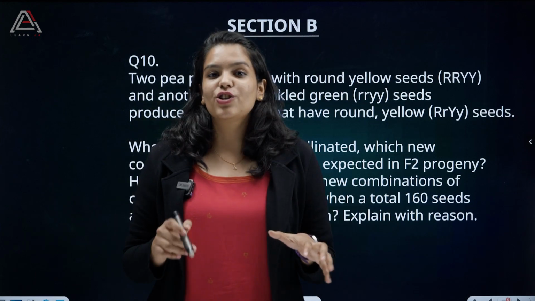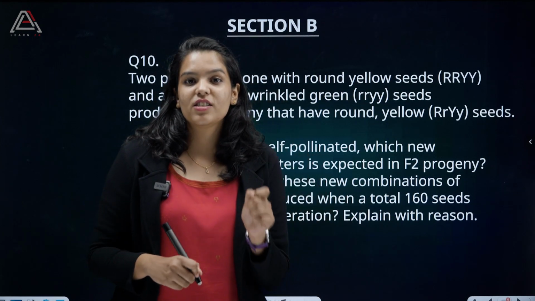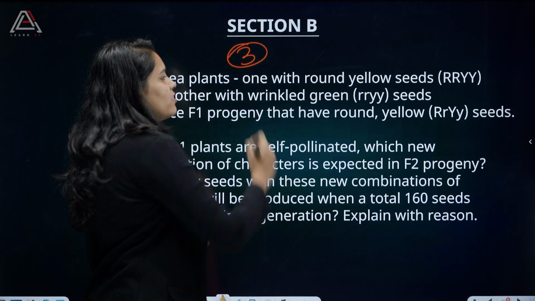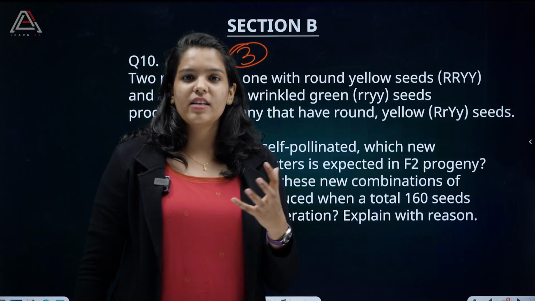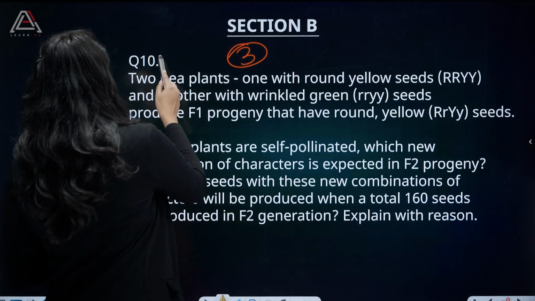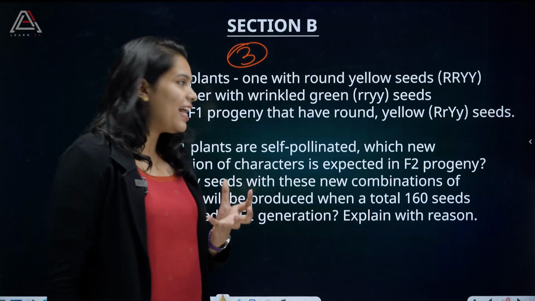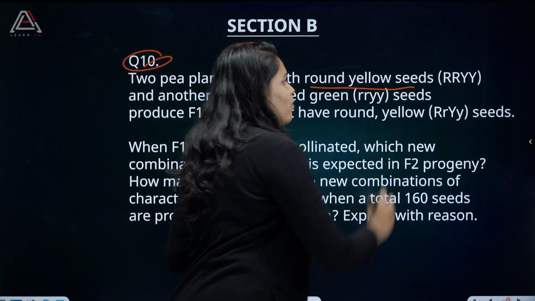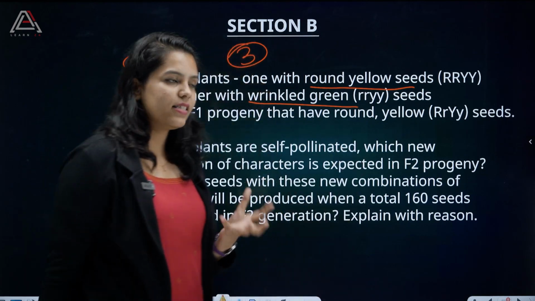Now we will be discussing section B. Section B comprises questions of 3 marks. We'll go one by one and try to understand how to answer these questions. So the 10th question of this paper. In this question they mention 2 pea plants, one with a round yellow seed and one with a wrinkled green seed.